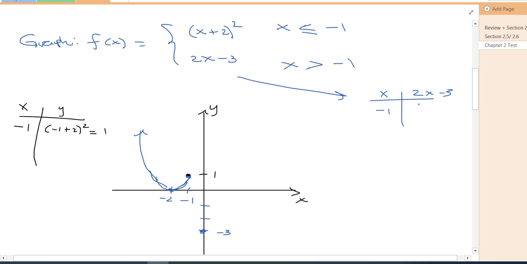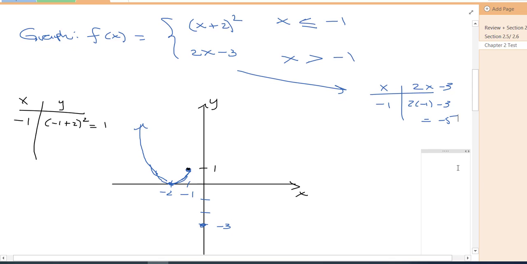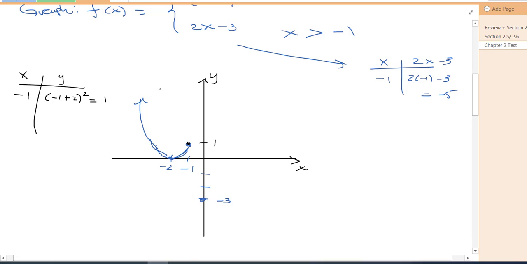So when x is -1, we get 2 times -1 minus 3, which is -5. So that means that at -1, here we're going to go down to -5, and that's going to be an open circle because it's not included. And then we draw our line. And so this is the function.